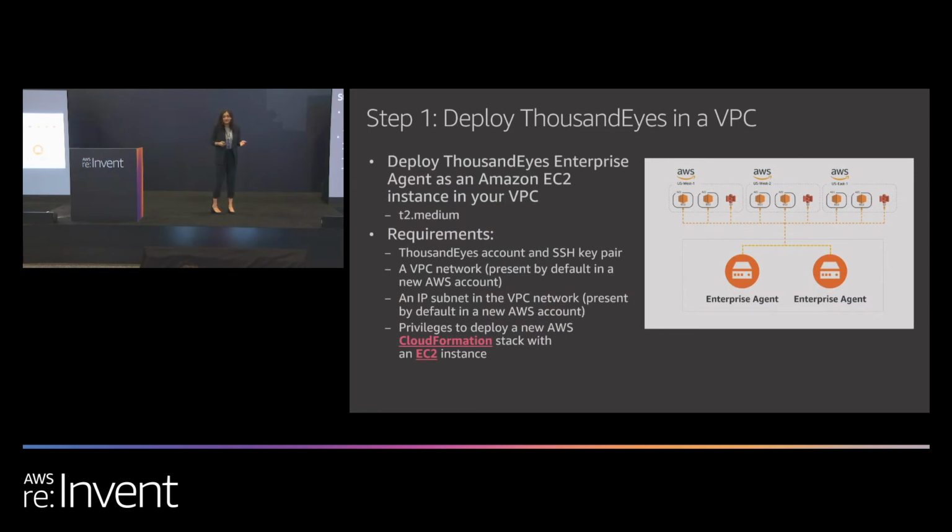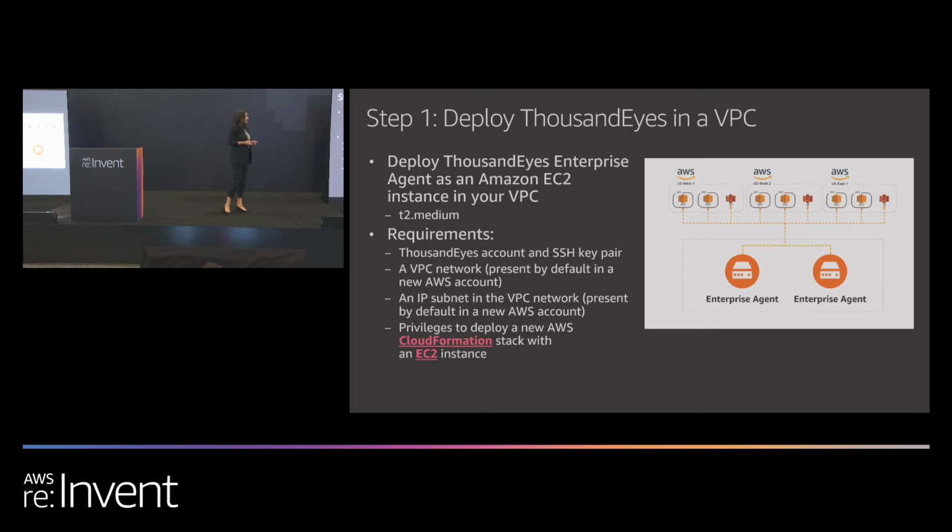What you can do as a first step and how you would use ThousandEyes is first you need a vantage point from your VPCs, right? And what we do is we allow you to install the Enterprise Vantage Point. It's a simple EC2 instance. You can pick a T2.medium instance, which is 2 vCPUs, 4 GB RAM. So it's really small from a footprint perspective, right?